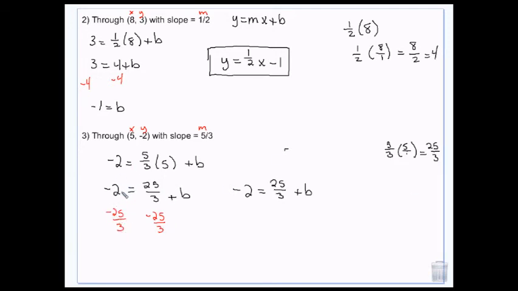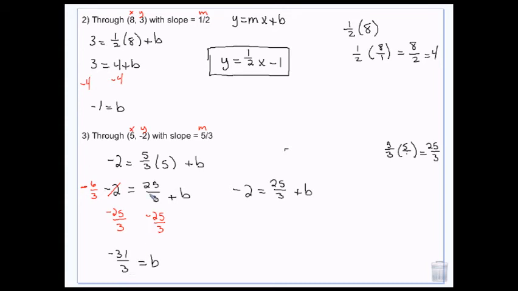But I need to figure out how many thirds this is. So -2, if I multiply 2 by 3, it's going to give me -6 thirds. Okay, so I have -6 thirds minus 25 thirds. So that's going to be -31 thirds is equal to b.